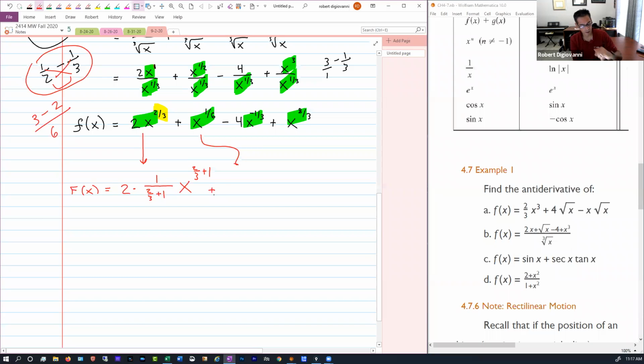Plus, here I'm going to have 1 over, this time n is 1/6. So I'm going to have 1 over 1/6 plus 1, x to the 1/6 plus 1. And then the minus 4 is going to come for the ride. I'm going to have 1 over negative 1/3 plus 1, x to the negative 1/3 plus 1.